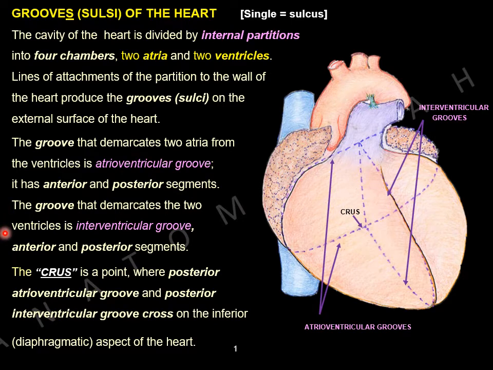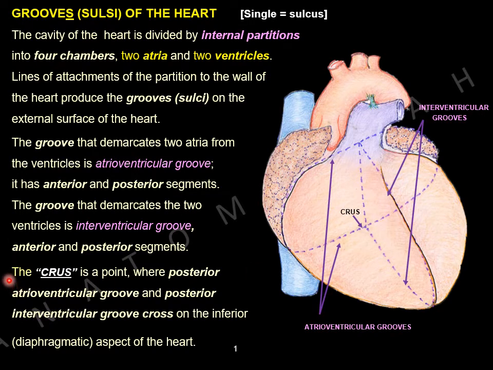It also has anterior and posterior segments. This groove between the two ventricles is the interventricular groove. This is the anterior segment and this is the posterior segment of the interventricular groove.